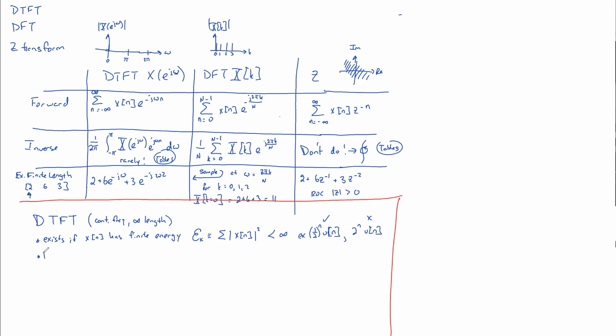It's periodic in 2 pi. It's conjugate symmetric around pi. Conjugate symmetry means that the magnitude will be the same and the phase will be odd.